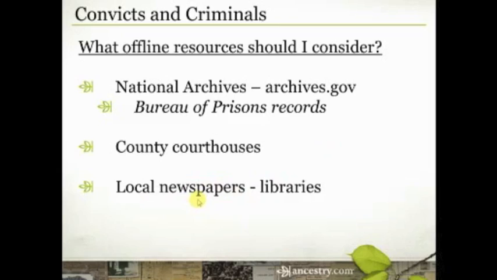Very often what you're going to discover is that the local newspapers are available on microfilm in that local library. Sometimes you may have a librarian who is willing to do some of that research for you for just the cost of the copies of the records. Sometimes you are going to have to put it on your travel list and visit there in person or contact a cousin or family member who might still live in that area.